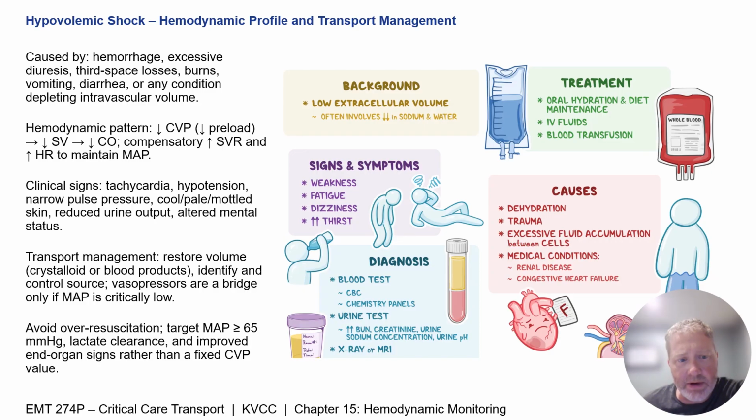Your hemodynamic pattern for hypovolemic shock: you've got a decreased central venous pressure from decreased preload. That leads to a decrease in stroke volume, which leads to a decrease in cardiac output. And then compensatory systemic vascular resistance increases and heart rate increases in order to try to maintain that mean arterial pressure.